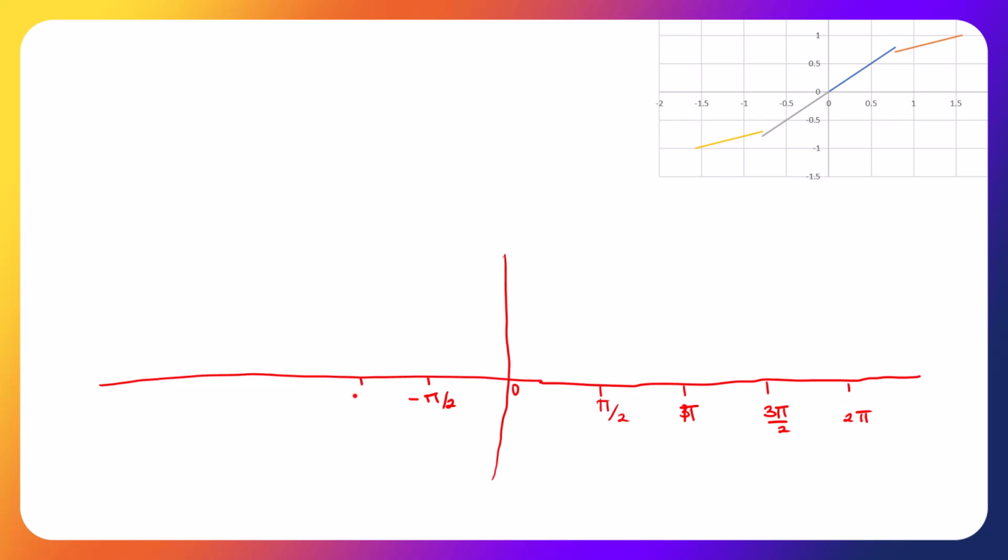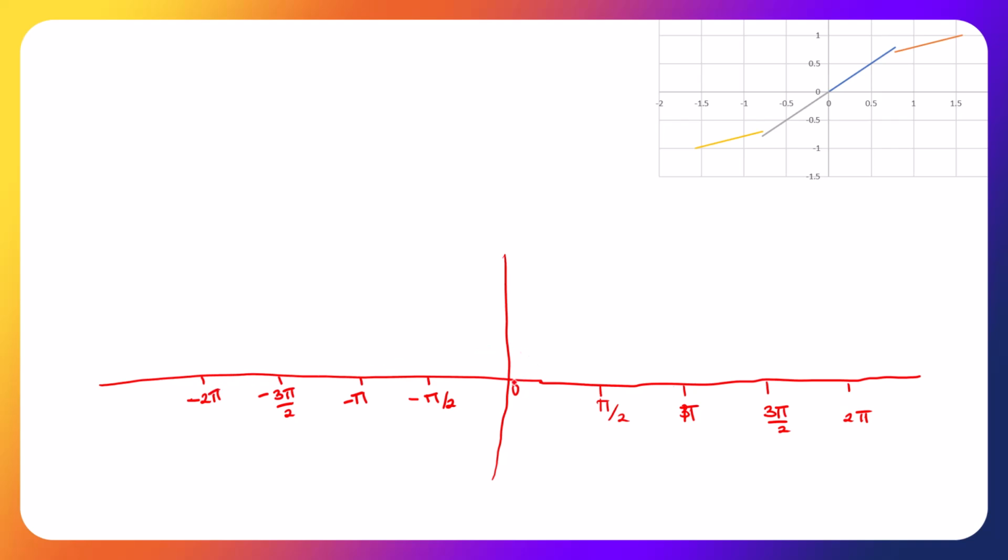This is minus pi, and this is minus 3 pi over 2, and this is minus 2 pi.